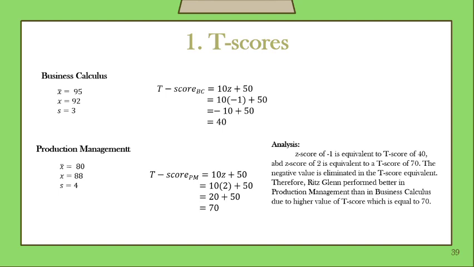Therefore, Ritz-Glen performed better in production management than in business calculus due to higher value of t-score, which is equal to 70. So, sa production management, 70 yung t-score niya, and sa business calculus, 40. So, ibig sabihin, mas better talaga yung performance niya dito sa production management.